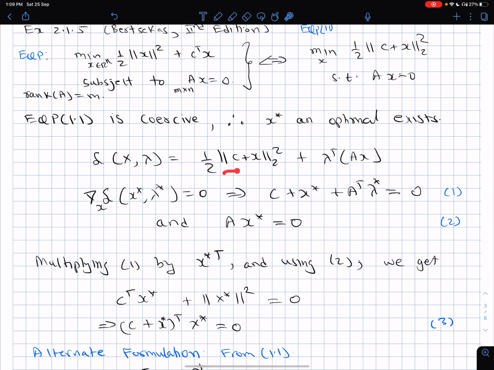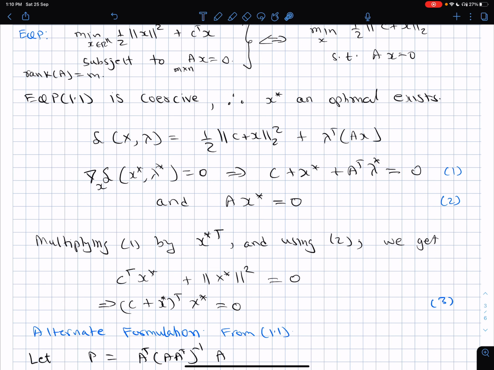So if I take the derivative of this with respect to x, then this is going to be c plus x star plus A transpose lambda star. The summation of this should be equal to 0. And of course the other requirement is the feasibility requirement, which is to set the derivative of the Lagrangian function with respect to lambda to 0 and evaluate it at x star, which says that A x star is a 0 vector.